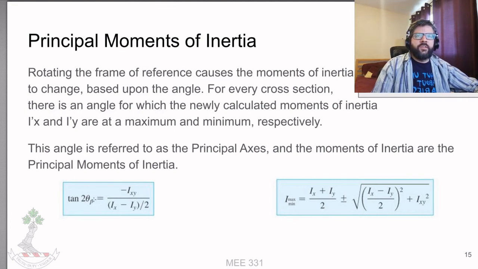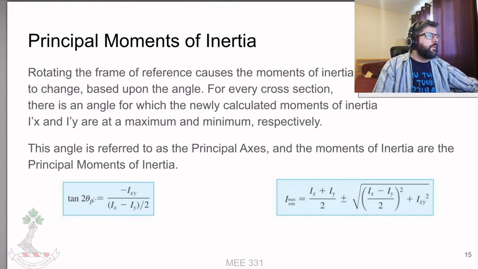Each cross-section is going to have a specific angle at which your Ix primes and your Iy primes are at a maximum and minimum, respectively. Anytime your Ix is at a maximum, your Iy is at a minimum, and vice versa.